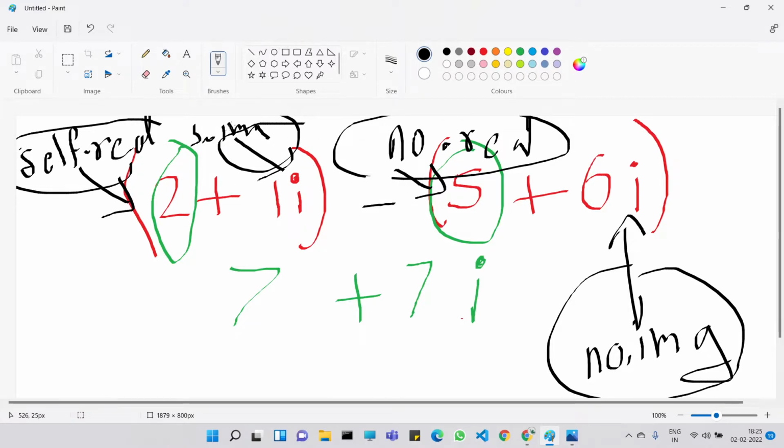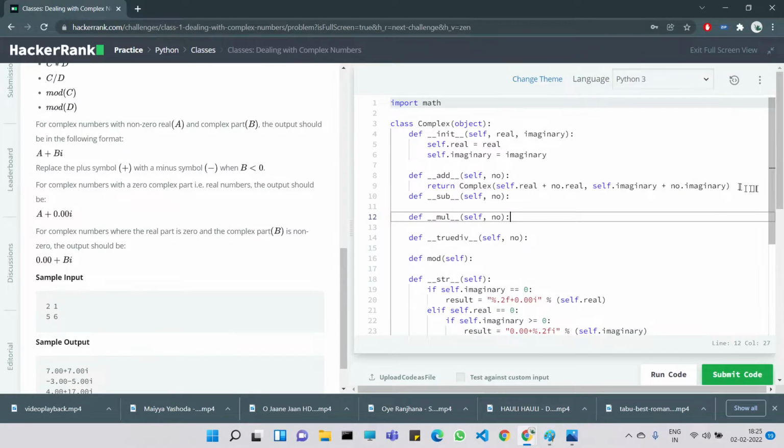So here 2 minus 5, then this minus 5. So in both of the terms they're going to be minus, that's all that is different. So just copy it out and paste it over here. So here instead of addition, it's going to be a subtraction. Here also subtraction. So that part is done.